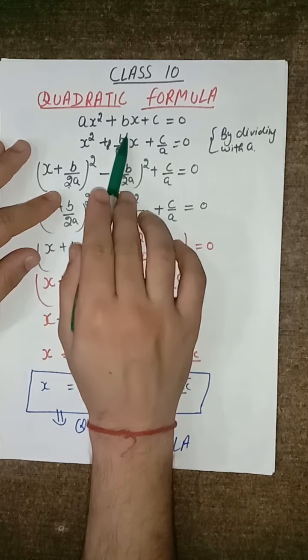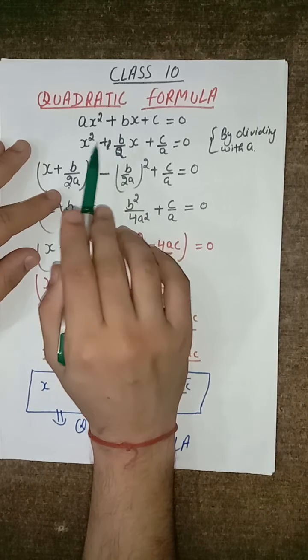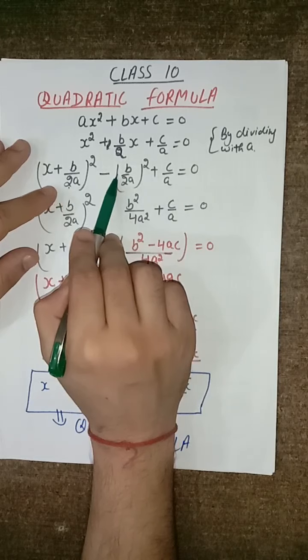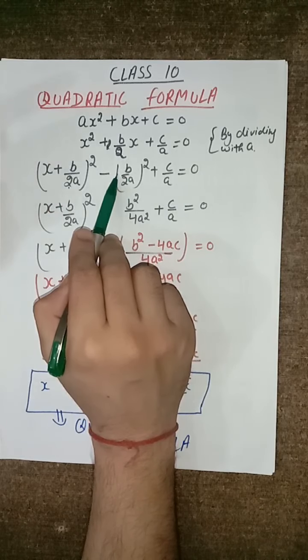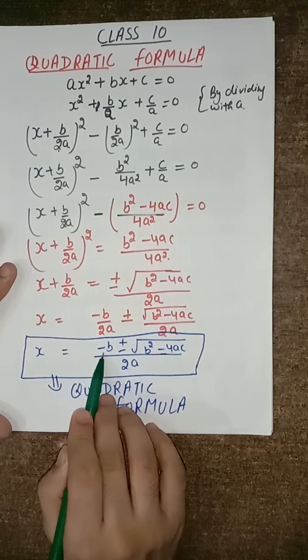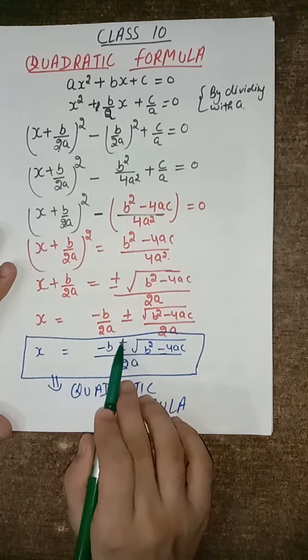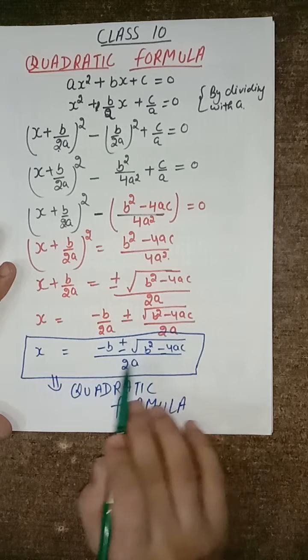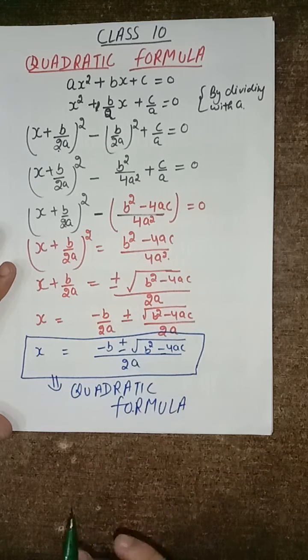This term b divided by 2a, add its square and subtract its square, then convert to the whole square, that is x plus b by 2a whole square minus, and add this term separately. Then our formula will be x equals minus b plus minus square root of b square minus 4ac divided by 2a.